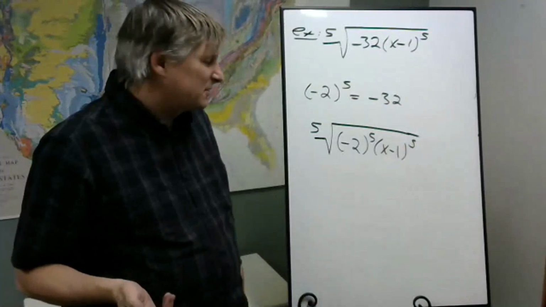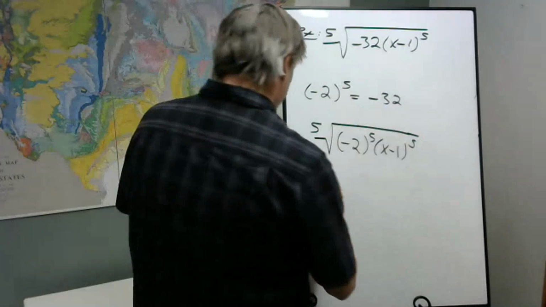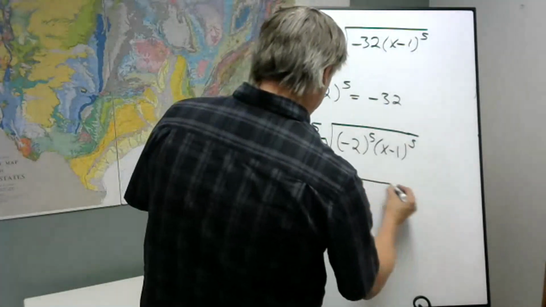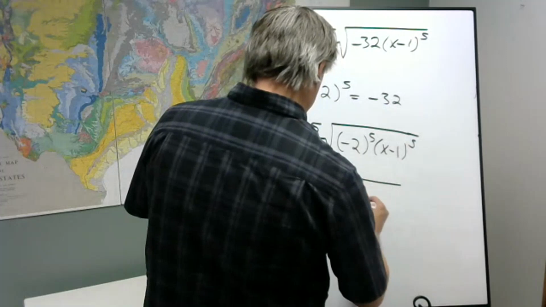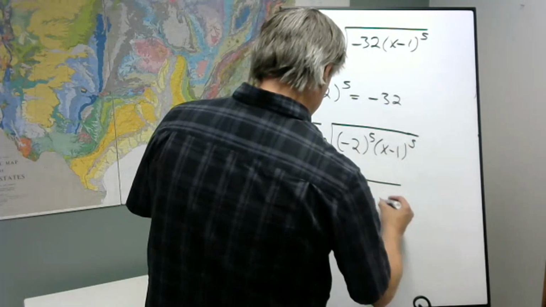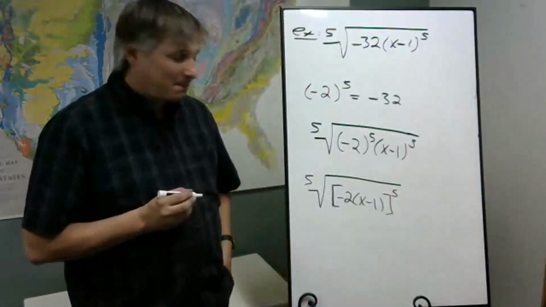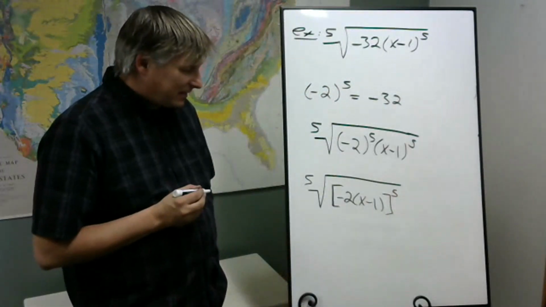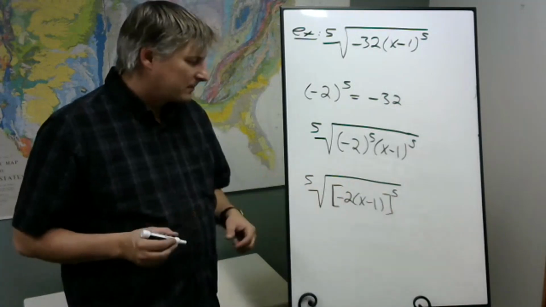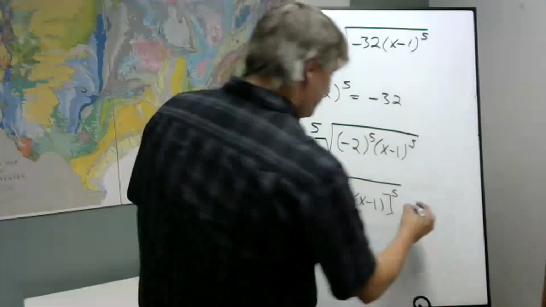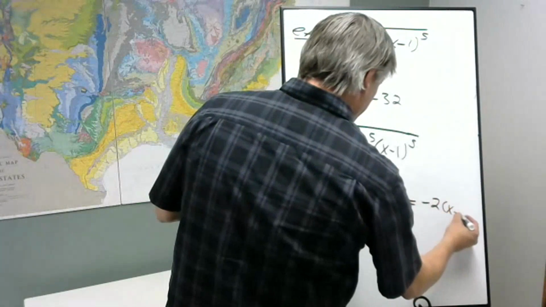And we could think of this as having distributed this exponent, and we can rewrite it like so. And so 5th root, 5th power, and that's going to mean no absolute value. Let's get -2 times x minus 1.